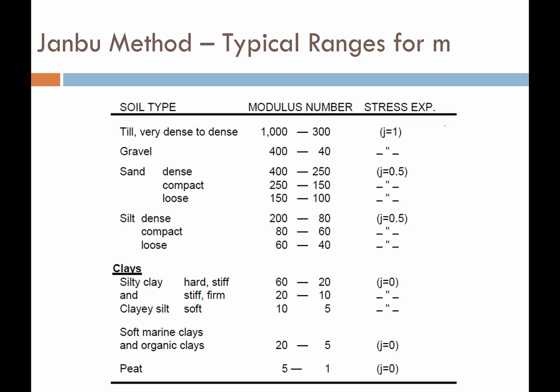Now, you can sharpen that pencil if you want to and adjust it. The softer the material, the closer you're going to get to 0. So you can have J equals 0.3, J equals 0.2, J equals 0.4. The stiffer the material, the closer you're going to get to J equals 1. So feel free to adjust those ranges as you see fit.